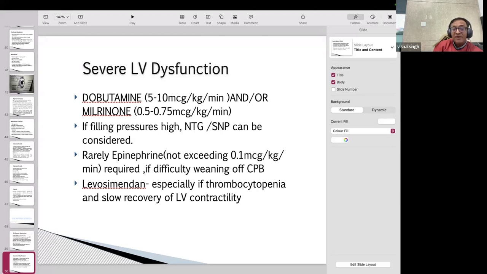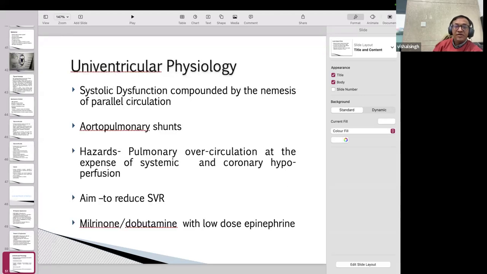Similarly, with epinephrine, we should make sure that we don't induce tachycardia. And if the patient is already going into arrhythmias or thrombocytopenia, levosimendan may be an easier choice. For univentricular physiology, normally most of the patients come without any inotropy, except for Norwoods, where you have to be a bit careful that you decrease the SVR and make sure the systemic circulation doesn't get compromised.